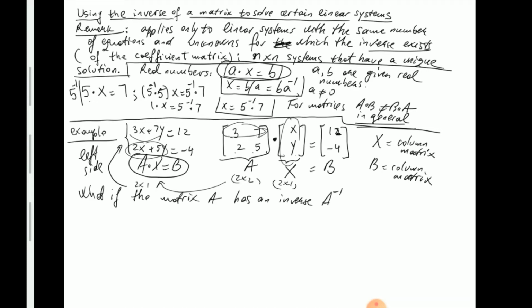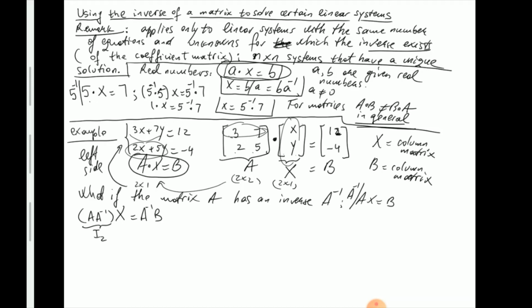Well, then I can take the system and multiply both sides on the left by A inverse. So then I'm going to have A inverse times big X equals A inverse times B. And then A inverse times A, remember, is the identity matrix.